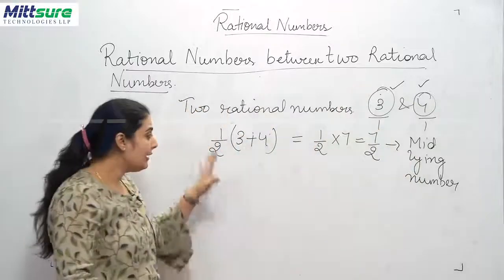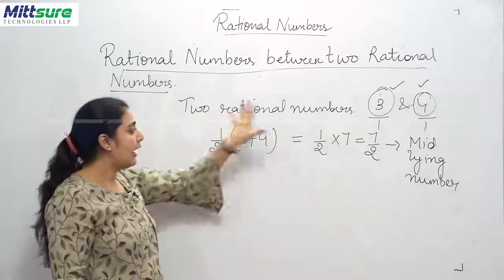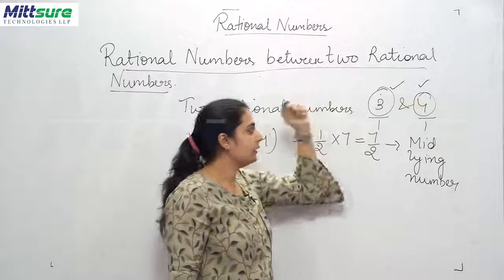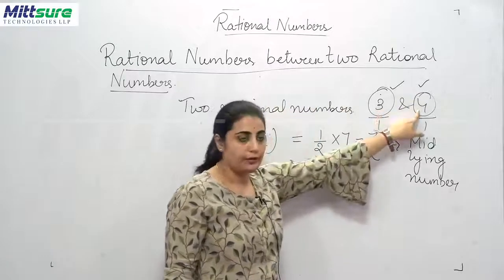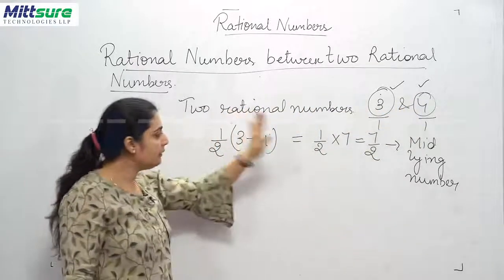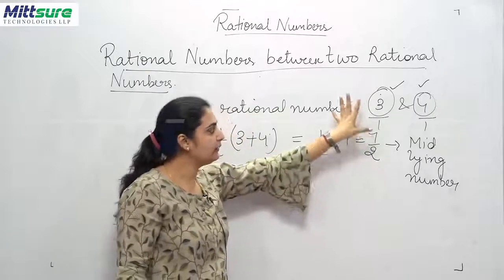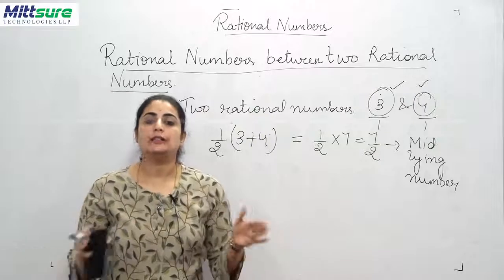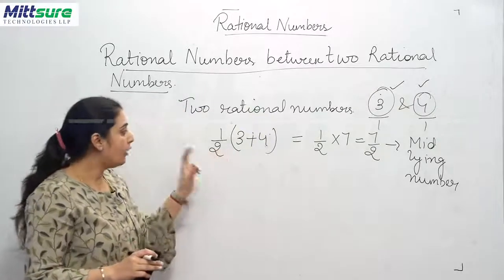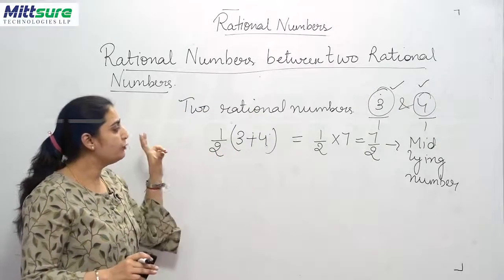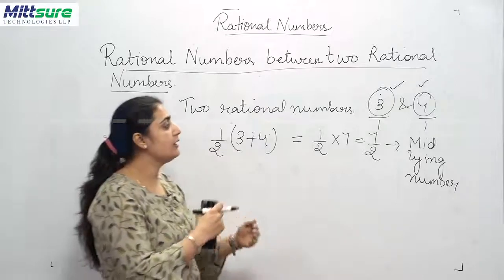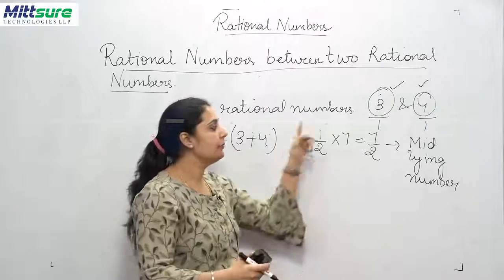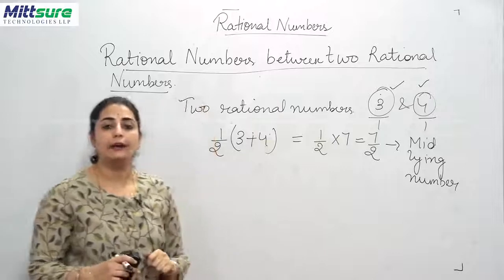So what we have actually done here, I have got two rational numbers 3 and 4, and I have taken out the midline number between them. Now I will increase my range to find out which are the more numbers present between 3 and 4.